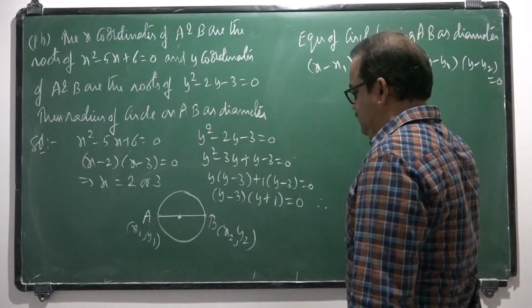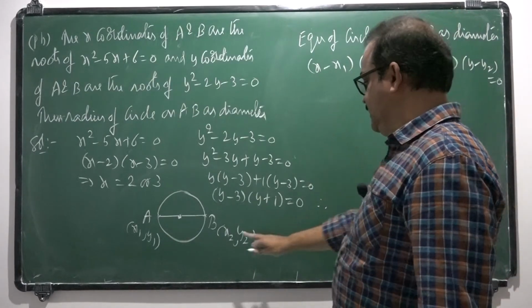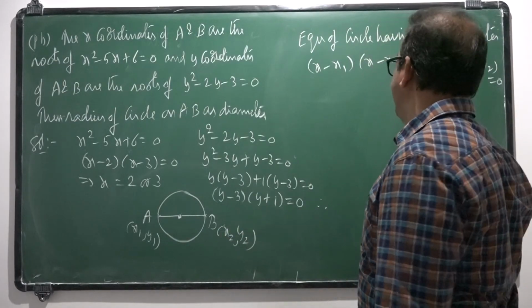This is the equation of the circle having A and B as endpoints of diameter.